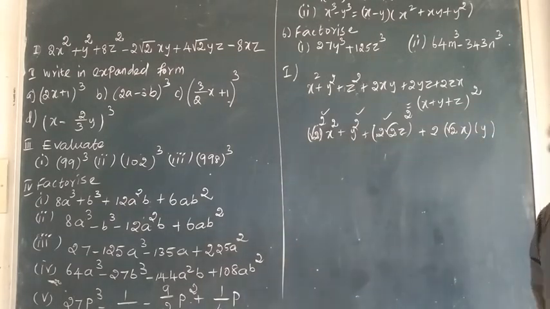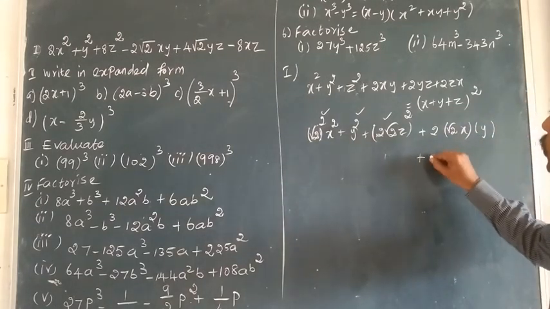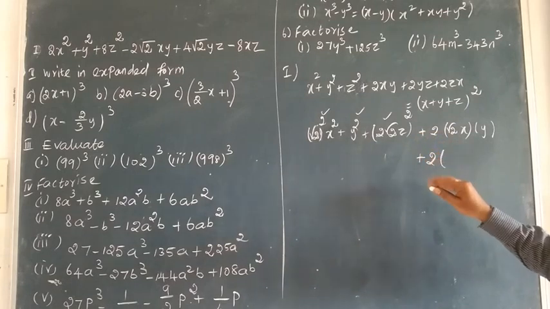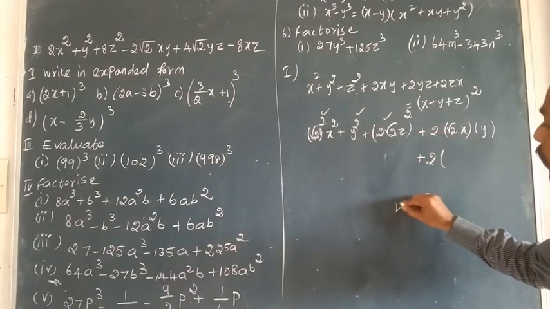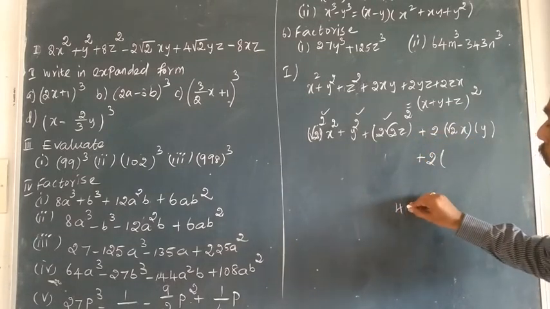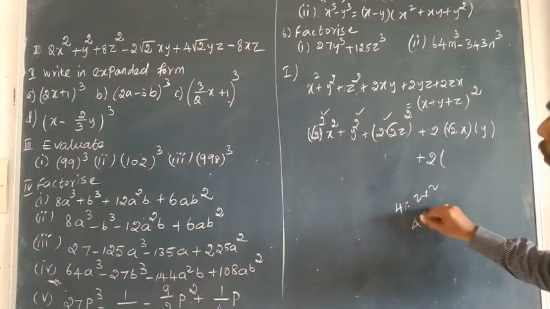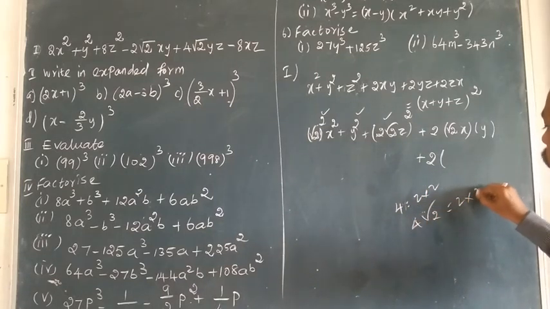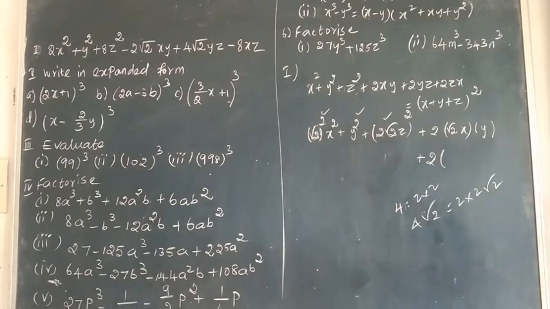Next, plus 2 into 2 root 2: we can write 4 root 2 as 2 into 2 root 2, so already 2, remaining 2 root 2.